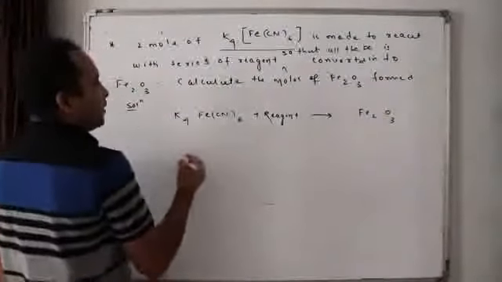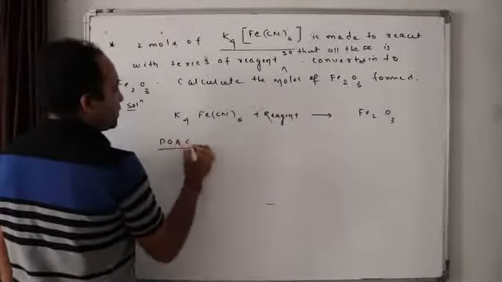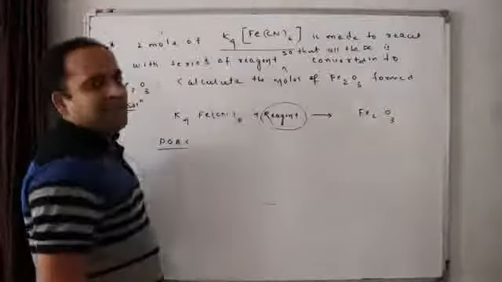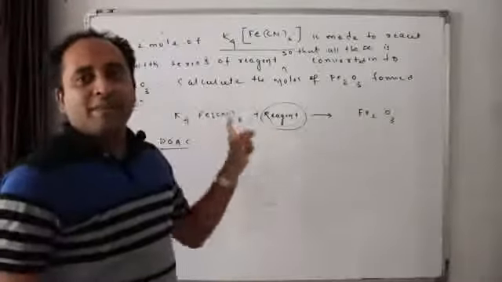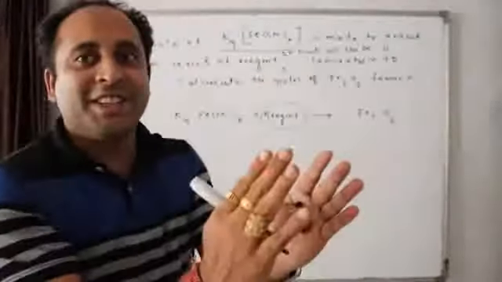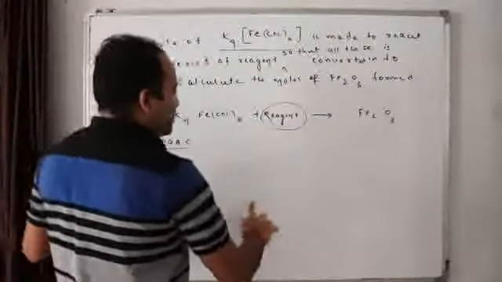How to find it? Apply POAC. We don't know the reagent, so we can't balance it. Now only POAC can help. If I know the reagent, I can balance it and get the answer. But when you don't know the reagent and can't balance it, then POAC comes to our rescue.